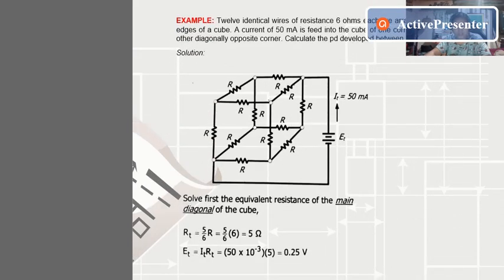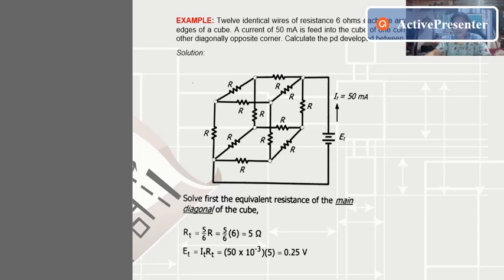So, try na to sa ato ang example. So, we have here 12 identical wires of resistance 6 ohms. Each are arranged to form the edge of a cube. A current of 50 milliampere is fed into the cube at one corner and out of the other diagonally opposite corner.